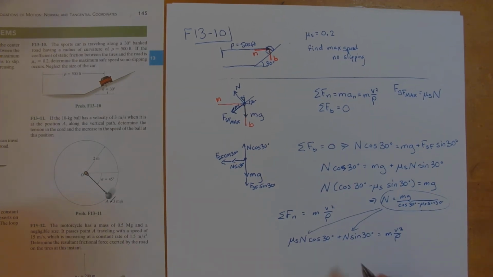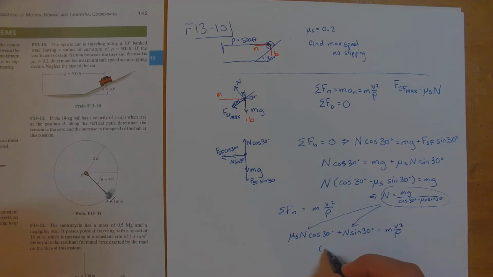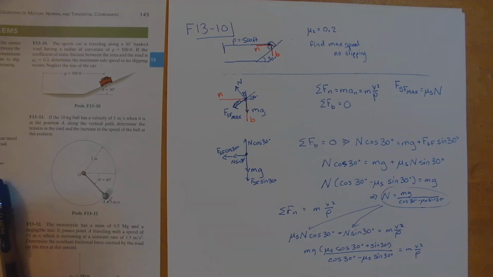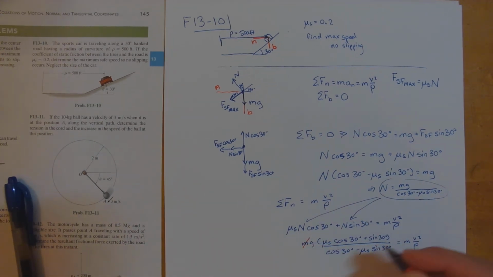I can also pull the n out, and that leaves me with (coefficient of static friction times cosine of 30 degrees plus sine of 30 degrees) times n, but n is equal to mg over (cosine of 30 degrees minus coefficient of static friction times sine of 30 degrees). And that is equal to mv squared over rho. And now we can see that we have mass on both sides of the equation, so that cancels out.